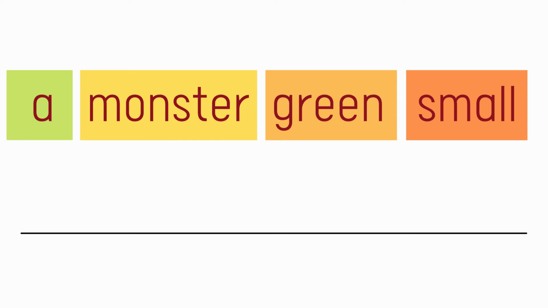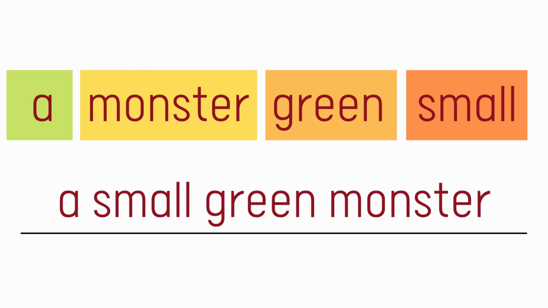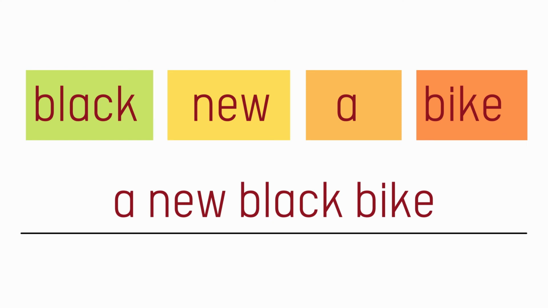What's the correct phrase? A small green monster. Good. Okay, the last one. Black, new, a bike. What's the correct phrase? A new black bike. Well done.